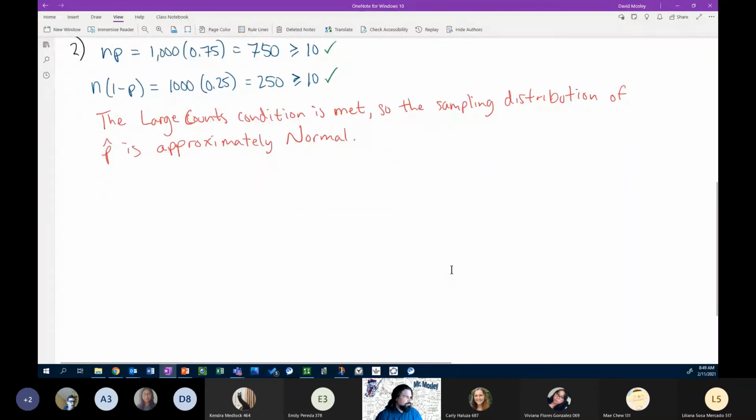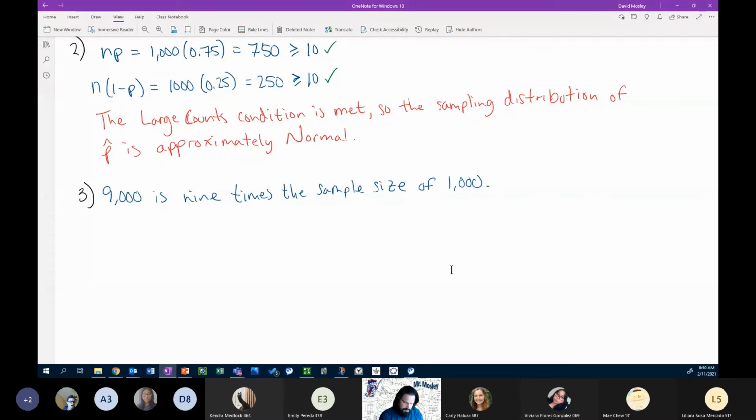All right, so we kind of get a little bit of logic going on here. 9,000 is 9 times the sample size of 1,000. That's kind of interesting. So we get that.